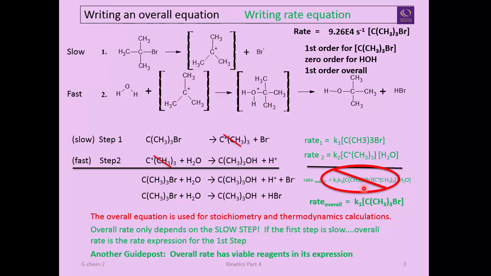Those don't end up in rate expressions, because that's not helpful to us, because I can't get an intermediate out of a bottle and add it to control a rate. I definitely can't get a transition state out of a bottle to add it to control a rate. So this overall rate actually has meaning in the lab. It's how much of this trimethyl bromide can I add to determine the rate at which this reaction will flow.